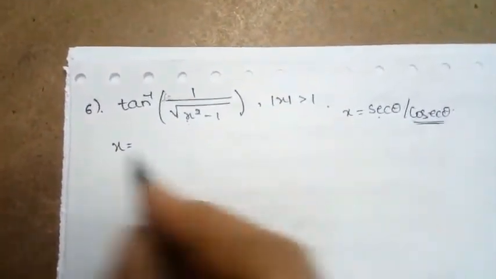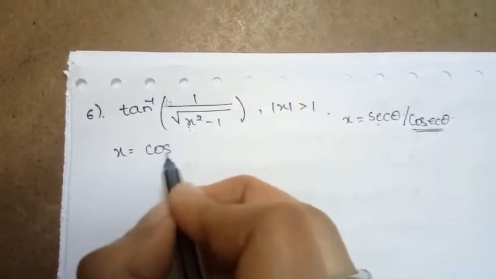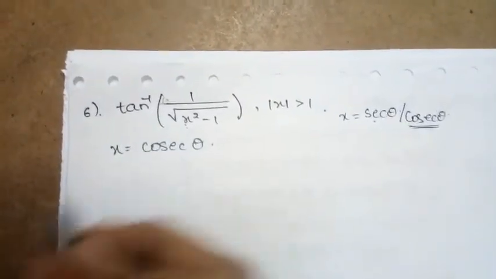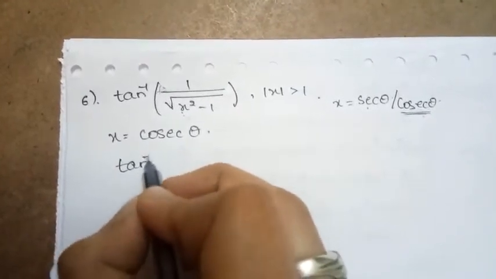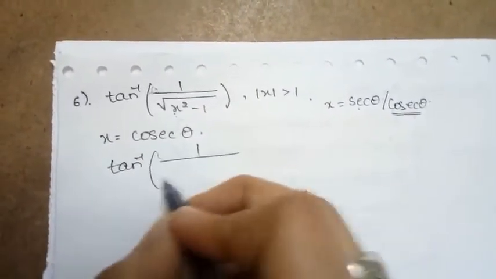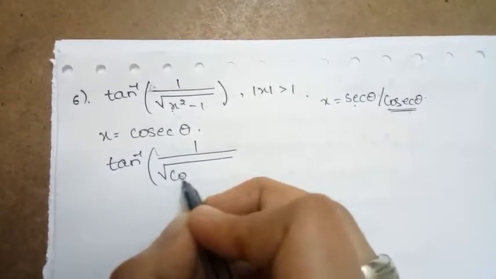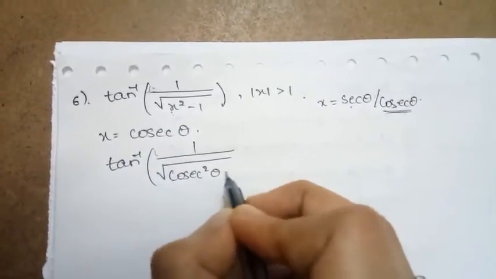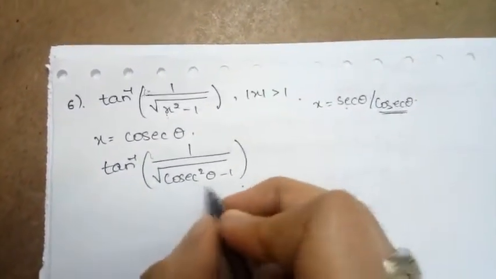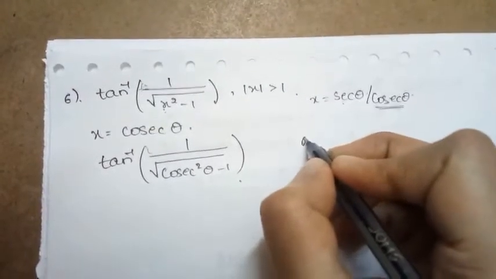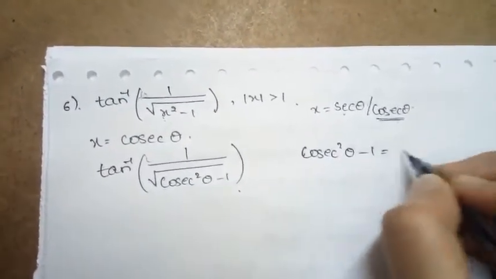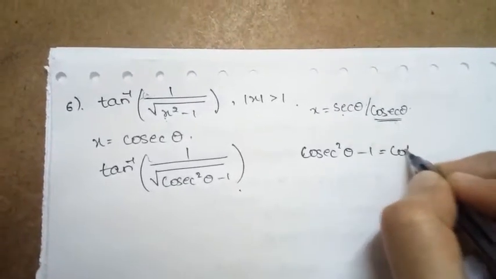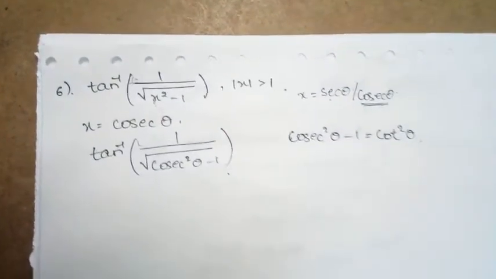So let us take x equal to cosecant theta. What happens when x is equal to cosecant theta? We have tan inverse of 1 divided by square root of cosecant square theta minus 1. We know that cosecant square theta minus 1 is equal to cot square theta.